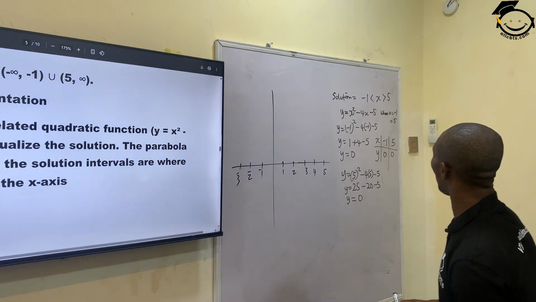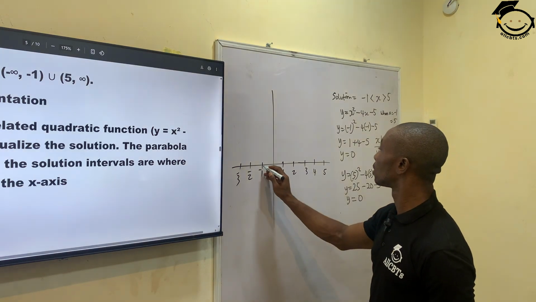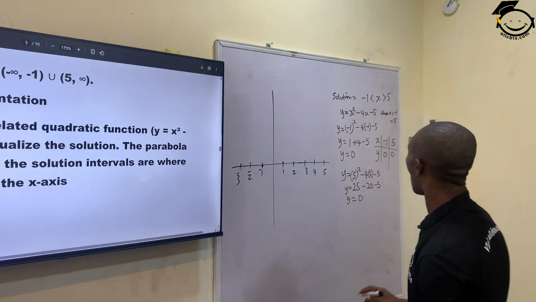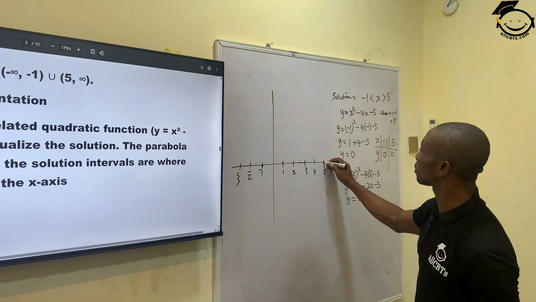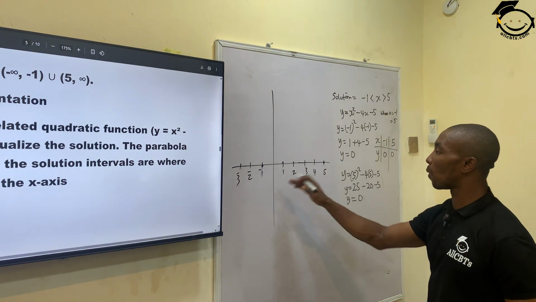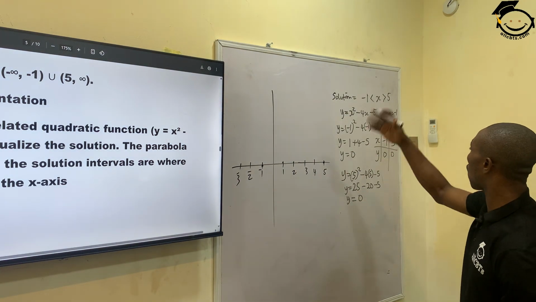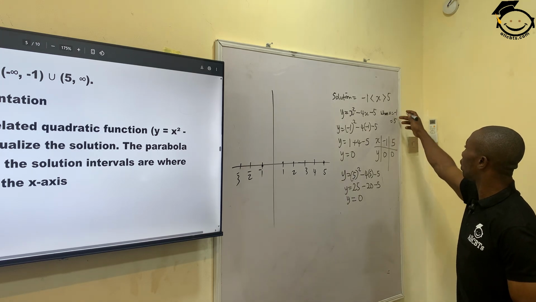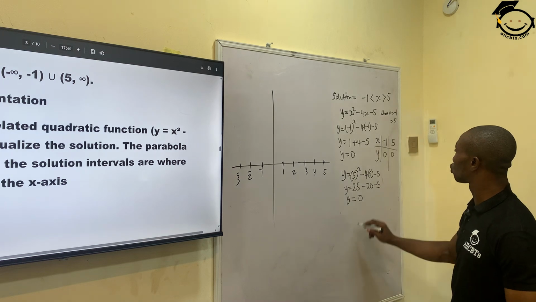Now when x is minus 1, our y is 0. And when x is 5, our y is 0. So this forms the two extremes of our quadratic graph. So now to find whether it's going to be up or down, we look at the interval between them.